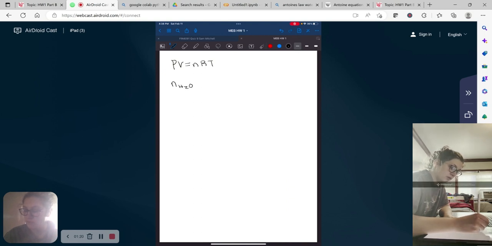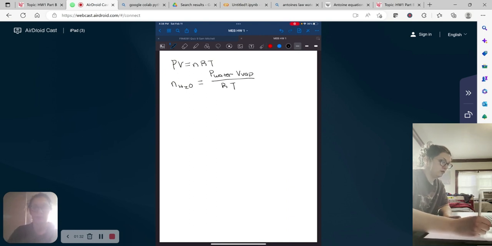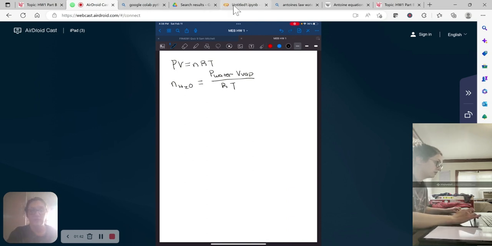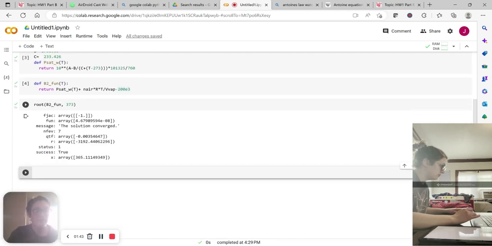So we'll have the moles of water is equal to the partial pressure of water times the volume of the vapor all over RT. And so this partial pressure of the water is our saturation vapor pressure, which is something that we already know. So now we have our second equation, and we are all set to go back over to Google Colab and start entering some of this into our code.